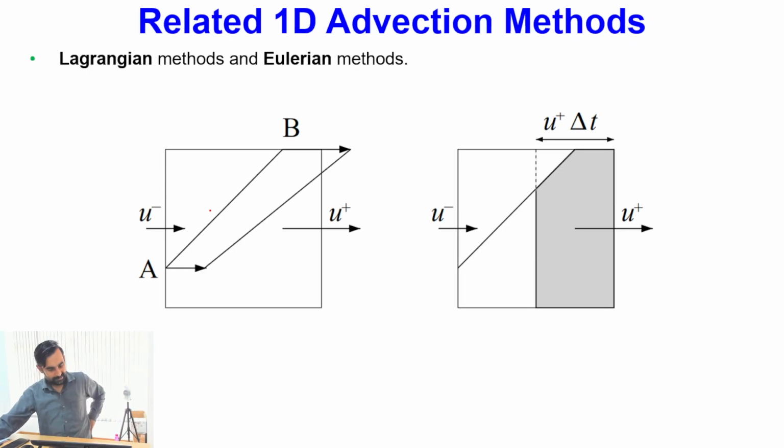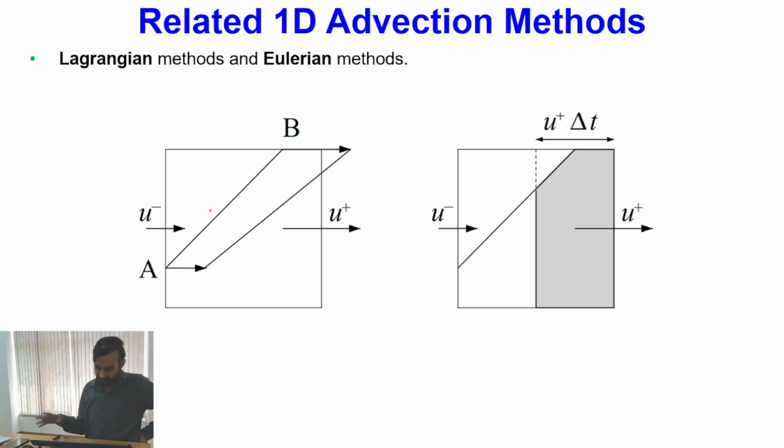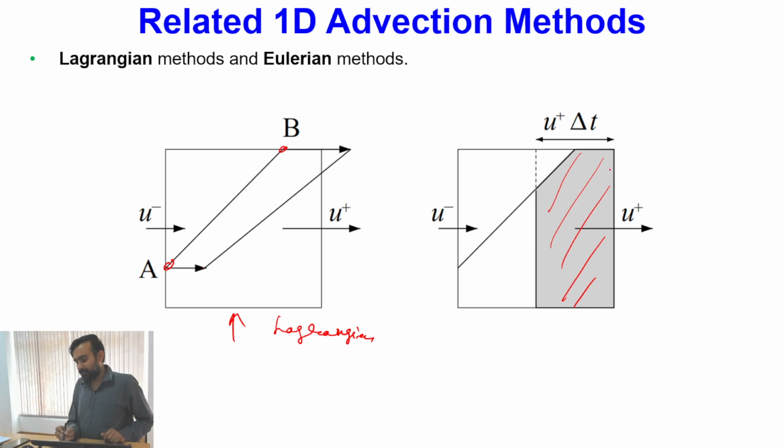So I will not discuss this in much detail, but I will give you a very brief idea about some other related advection methods. This type of approach comes under the category of Lagrangian methods, where by knowing the velocity value at the end points we advect the entire interface, and where we determine the amount of reference phase on a fixed grid which is to be transferred to the next cell.